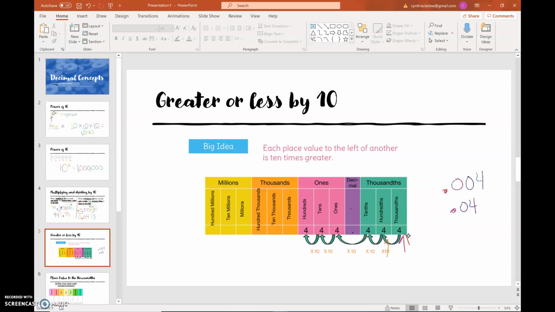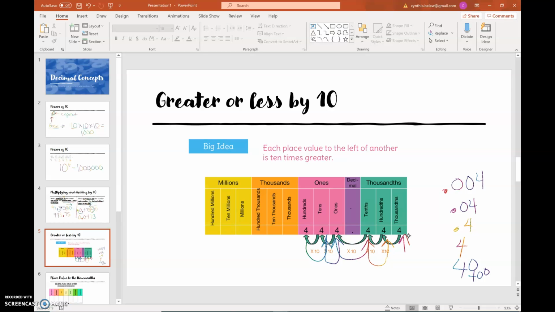I multiply it by 10 again, I get 4 tenths. 10 times bigger there. Multiply it by 10, I get 4. That's in the ones now. Multiply it by 10, I get 40. Multiply it by 10, I get 400. So each place value is going up by 10.